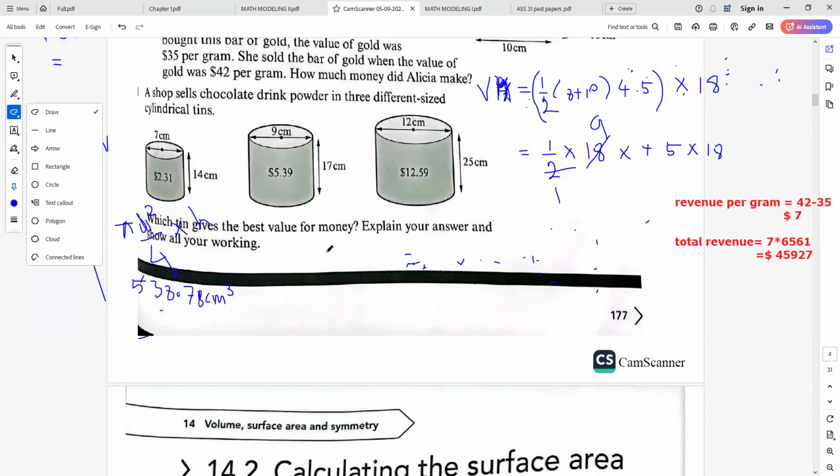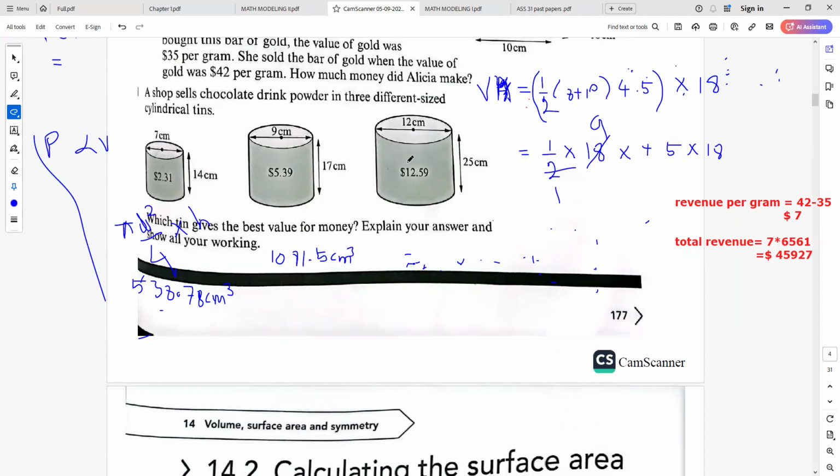So the volume is 1081.5 centimeter cube.